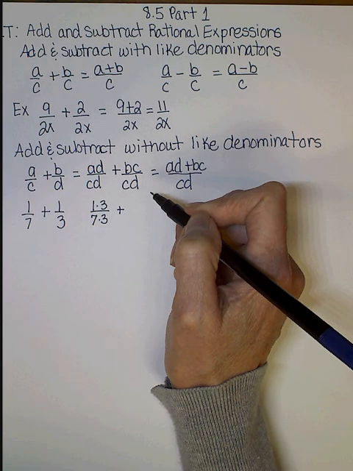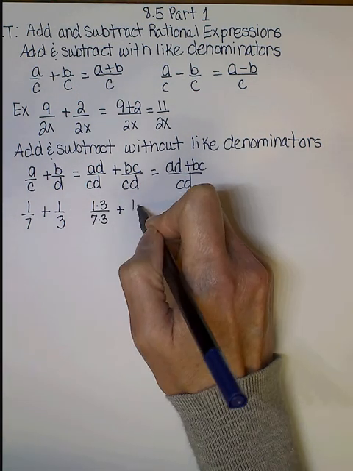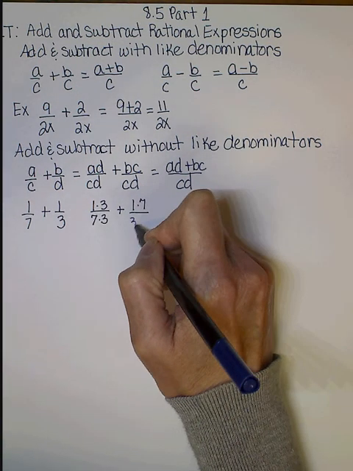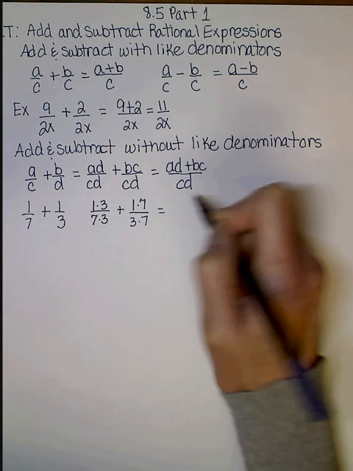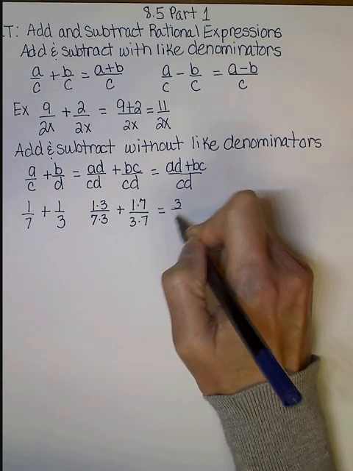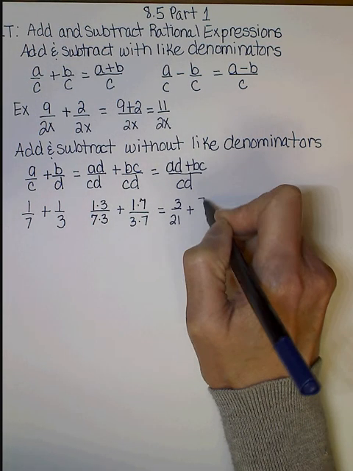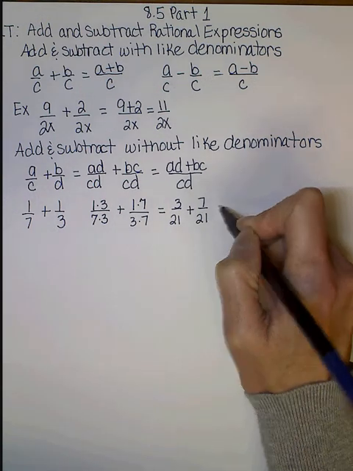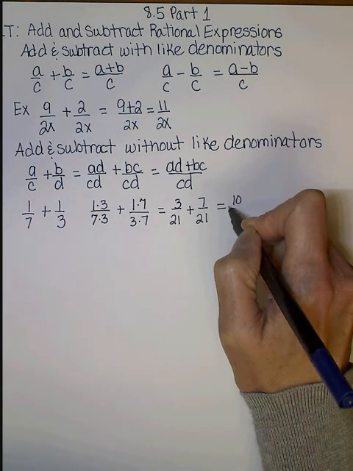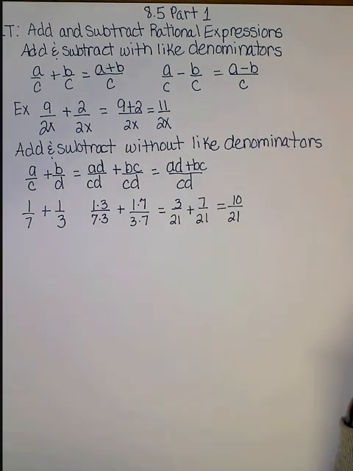And then on the 1/3, I've got to multiply both of those by 7. Okay, so I'd get 3 over 21 plus 7 over 21, and I would add those together and get 10 over 21. You've done this a lot, but it's just hard. We just need to kind of remind ourselves and let it sink in here.